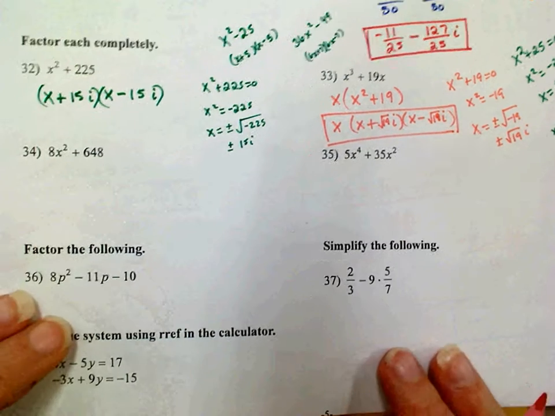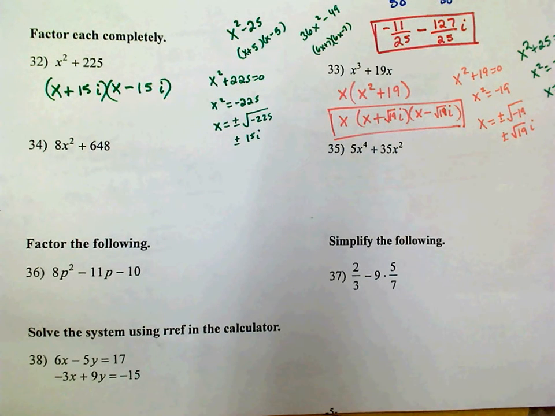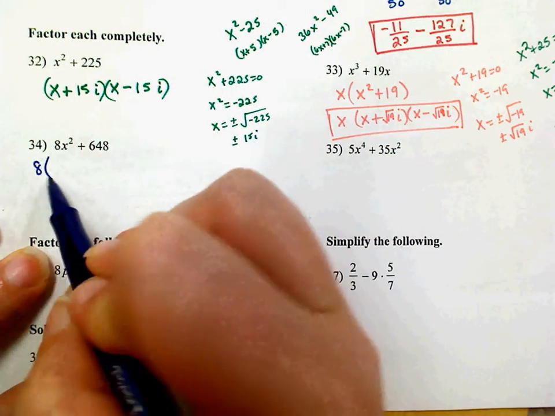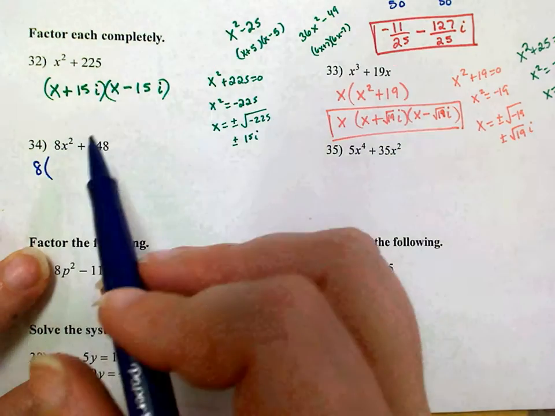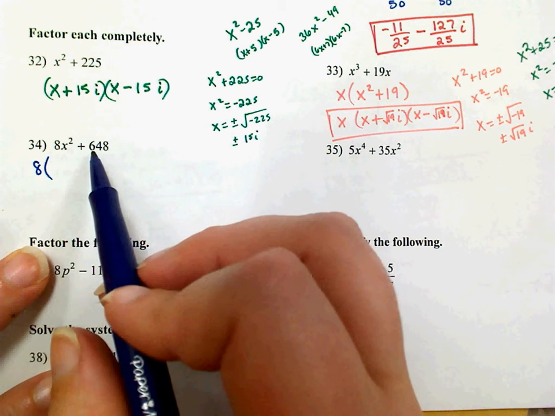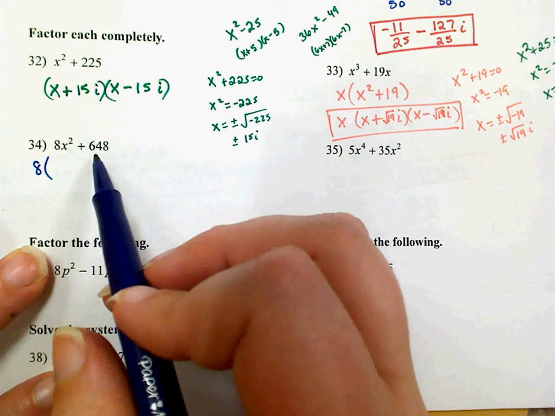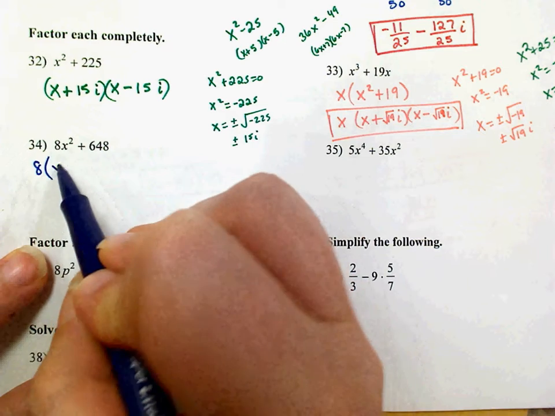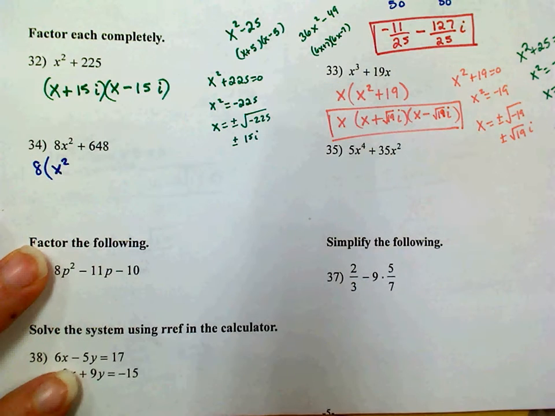Okay? On 34. Now, the number in the front that I see is an 8. What I want to do is divide that out, if possible. I know I can, because 648 is divisible by 8 81 times, and 8 divided by 8 is 1. If I was unsure, then I would have to try 648 divided by 8.